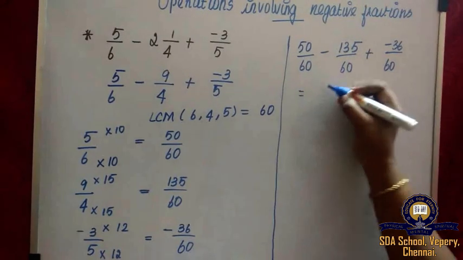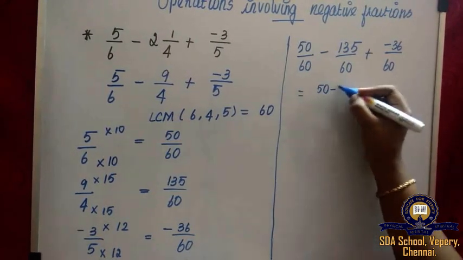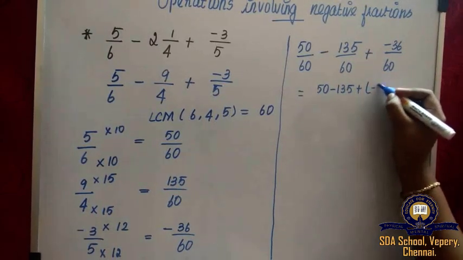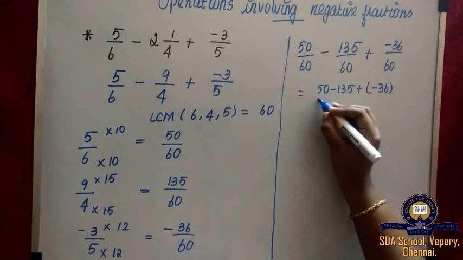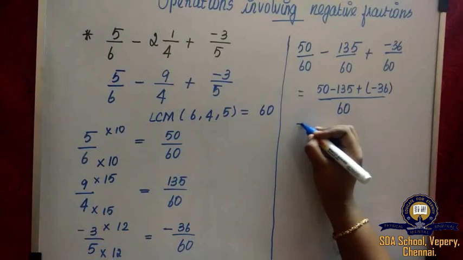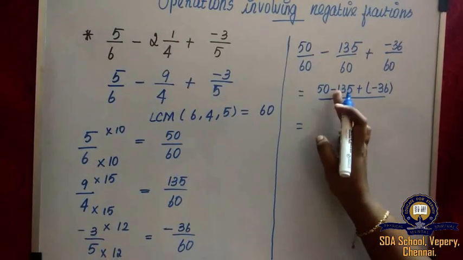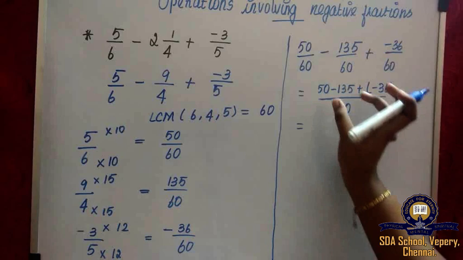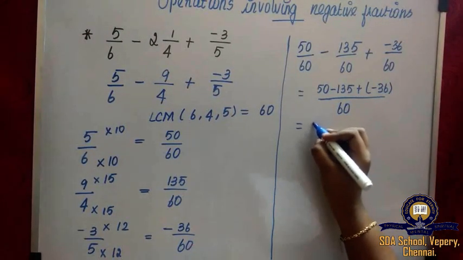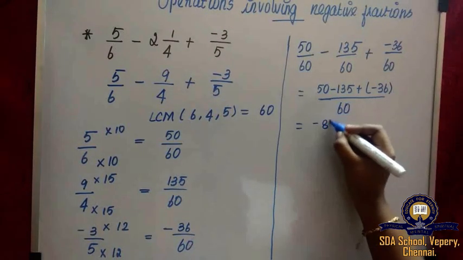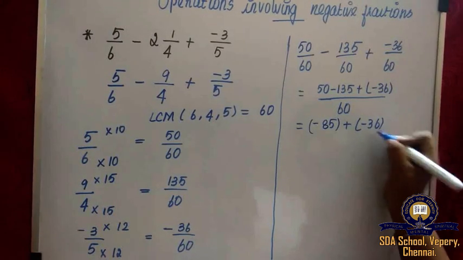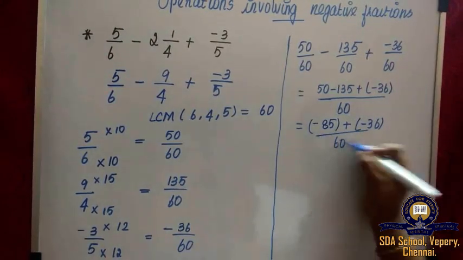So, which is equal to 50 minus 135 plus of minus 36 by 60. So, 50 minus 135. You have to subtract and write the greater number sign. So, it is minus 85 plus minus 36 by 60.